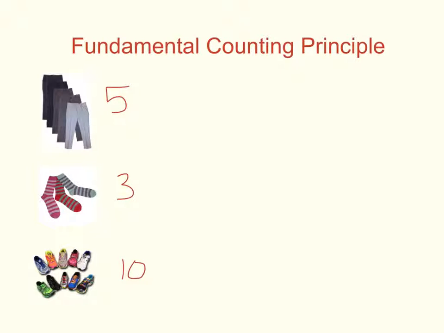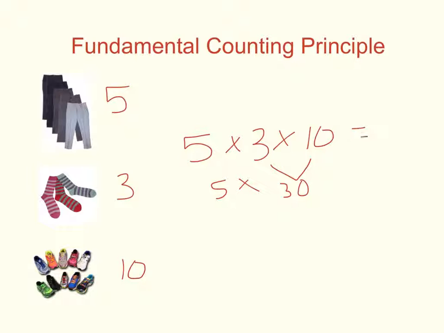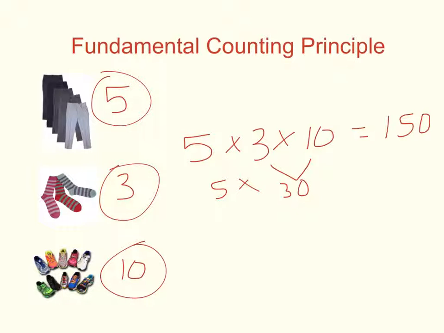So the fundamental counting principle says there are 5 possible outcomes of pants, 3 for socks, and 10 for shoes, which says that to find the total number of outcomes, I could just multiply those numbers together. So if I did that here, I know this is 30 times 5 would be 150 possible combinations for 5 pairs of pants, 3 different pairs of socks, and 10 different pairs of shoes.